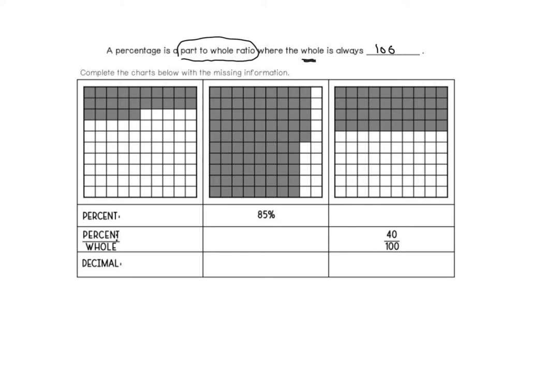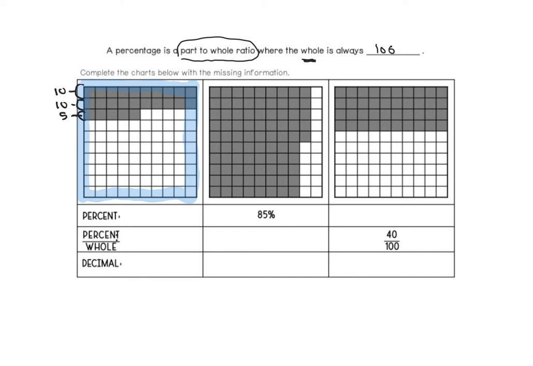We call them percent area squares because each side is 10 units long, which means that in total, this entire square has 100 little pieces in it. Since we're looking at parts per 100, we can use this to talk about what percent of this square, or how many parts per 100, are shaded.